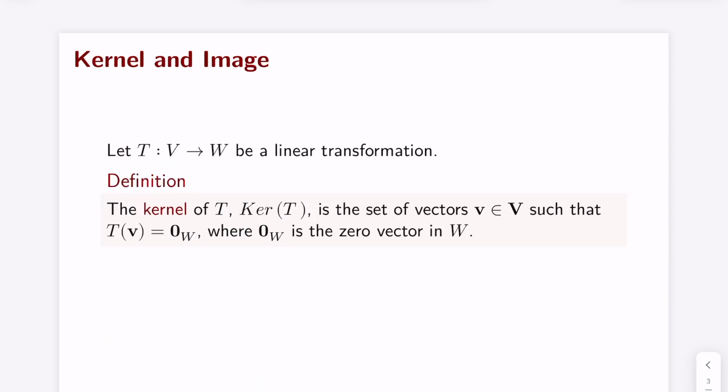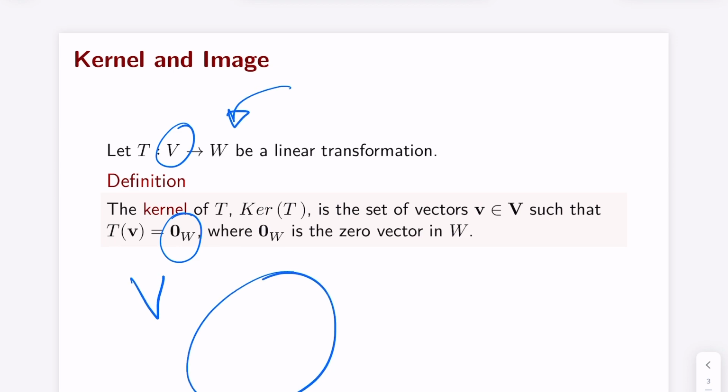Okay, as before, we have the ideas of kernel and image, as we have it also for vector spaces in Rn. So the definition now is that the kernel of a transformation is the set of vectors in V such that they end up in the zero vector here.